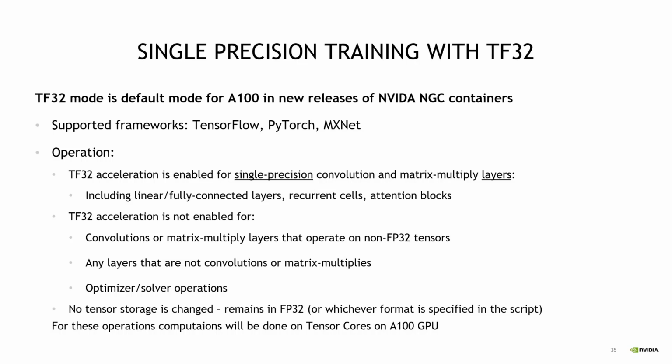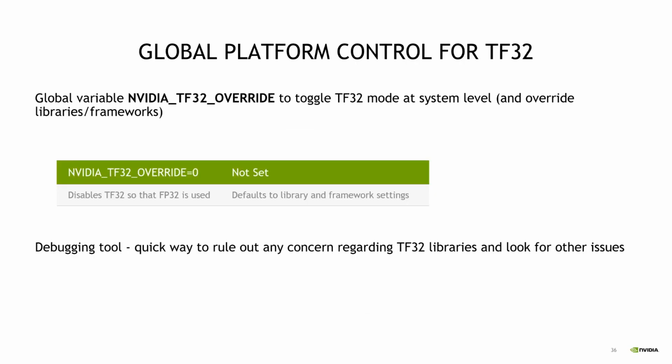But for all other operations that are supported by these TensorCores, computations will be done on TensorCores on the A100 NVIDIA GPU. So you don't have to worry about TensorFloat-32 TensorCores training. It's turned on by default and you don't have to change your code. There exists a global variable, NVIDIA_TF32_OVERRIDE, to toggle TF32 mode at system level and override libraries and frameworks.